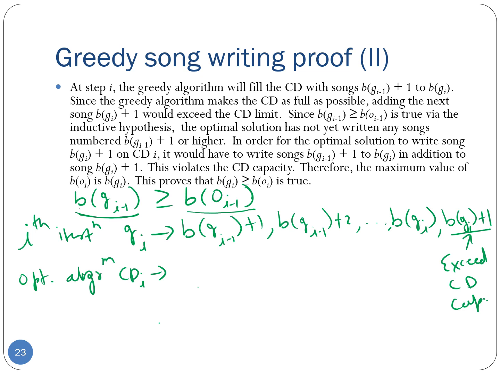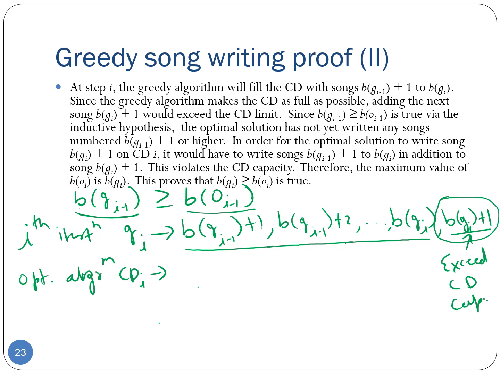So what that means is to beat the greedy algorithm, the optimal algorithm will still have to write songs that are contained in this set, B of G_{i-1} plus 1 all the way to B of G_i, and then to beat the greedy it will have to write at least one more song, which is basically this last song B of G_i plus 1.